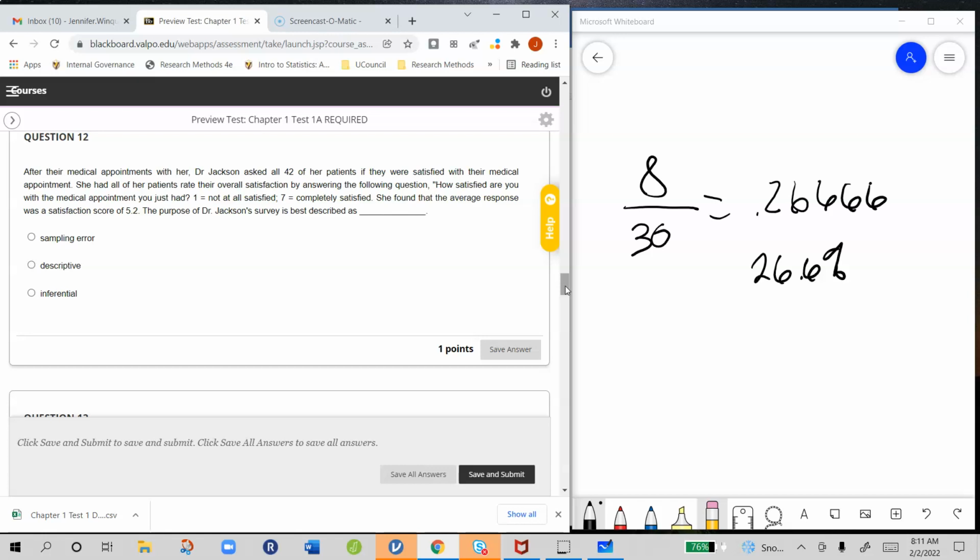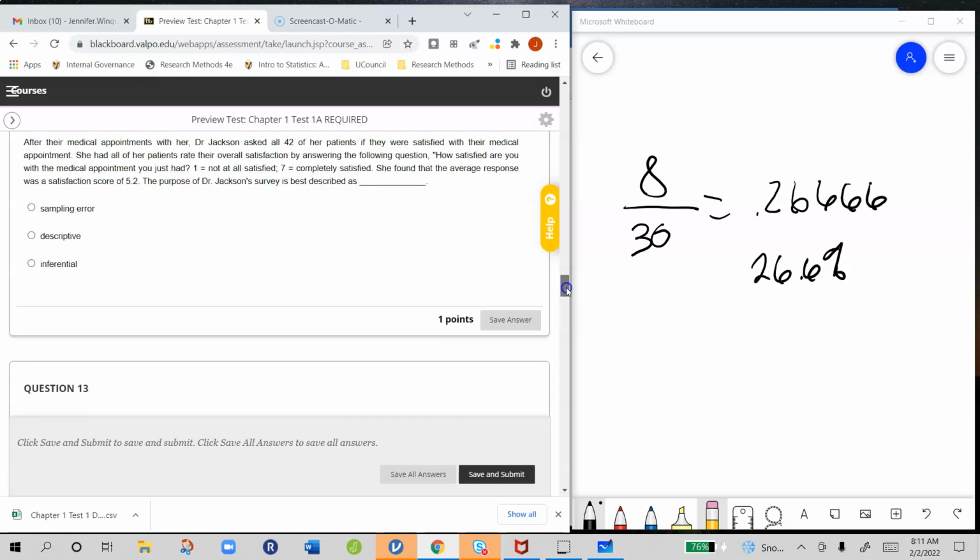In this particular case, the purpose is descriptive. She wants to look at only her patients, and wants to know how satisfied her patients are. She's not trying to figure out how satisfied all patients of different doctors are, just her particular patients, and she looked at all of her patients. So that's descriptive.